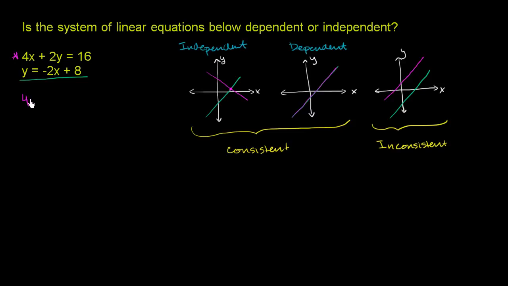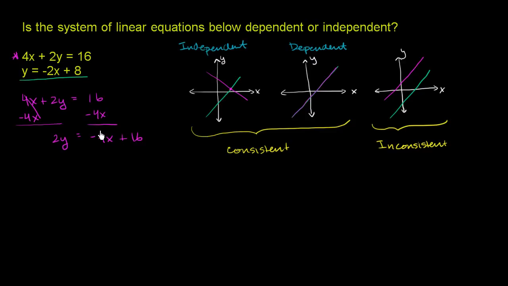So we have 4x plus 2y is equal to 16. We can subtract 4x from both sides. What we want to do is isolate the y on the left-hand side. So let's subtract 4x from both sides. The left-hand side, we are just left with a 2y. And then the right-hand side, we have a negative 4x plus 16.